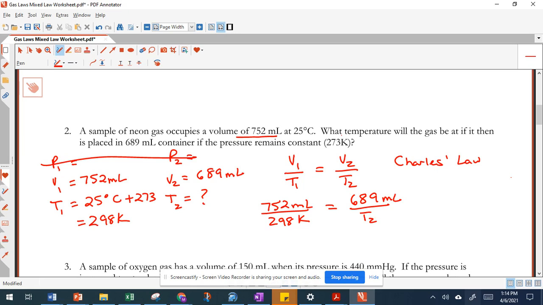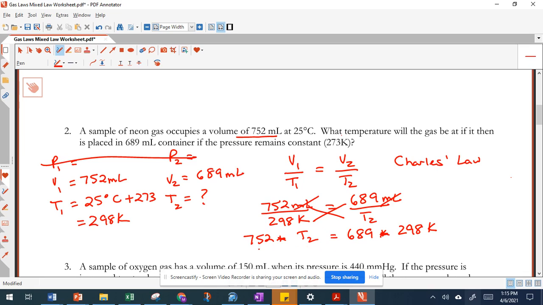Now, when T2 is being solved for, it's in the denominator, so we're going to have to cross multiply to get T2 by itself. This is going to give us 752, and we can also get rid of those milliliters since they're on both sides, times T2 is equal to 689 times 298 Kelvin.